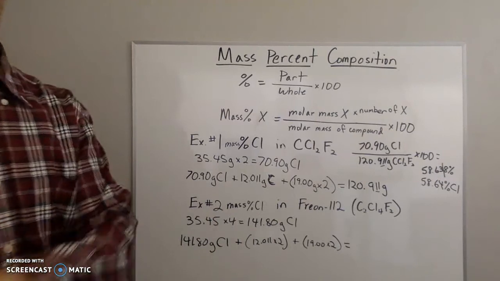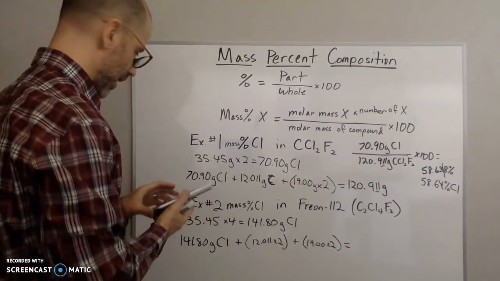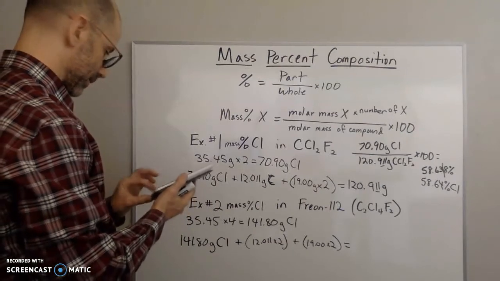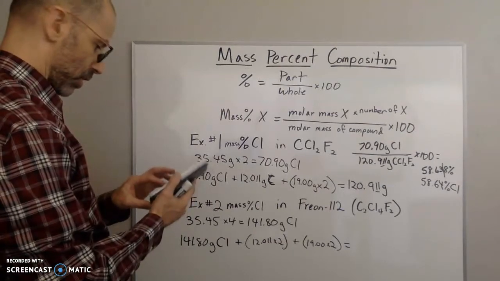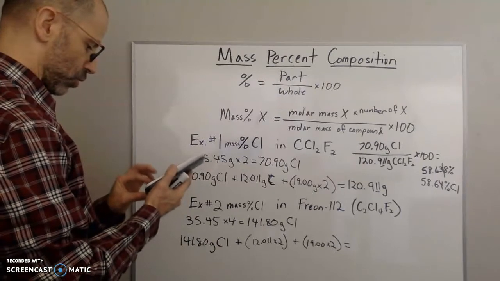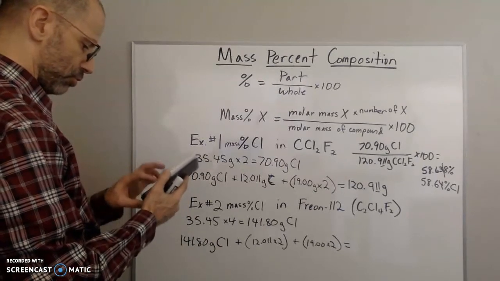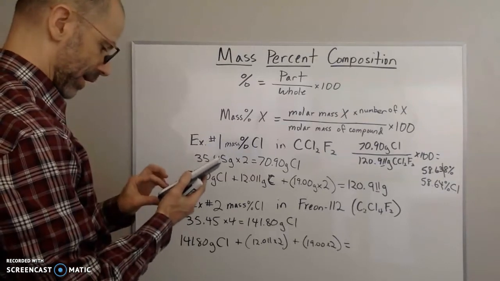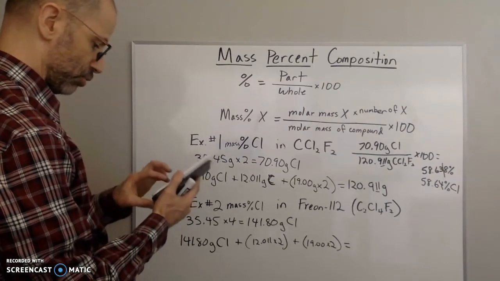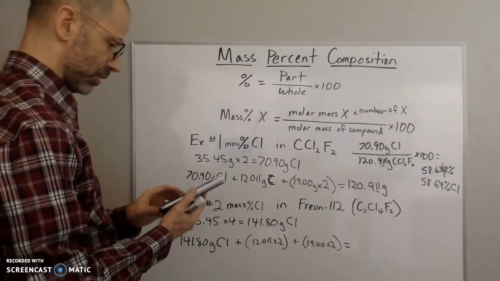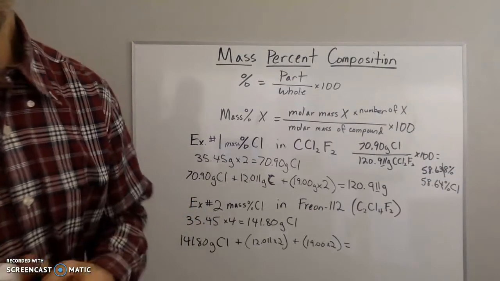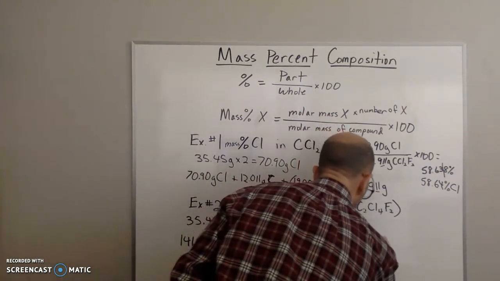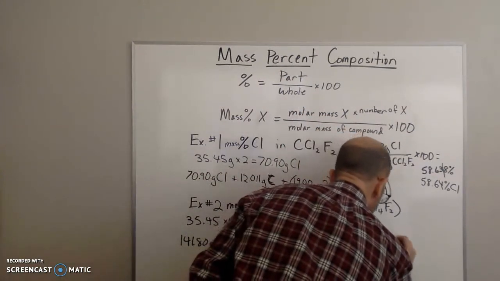And so now I just need to calculate this: 141.80 plus 12.011 times 2 plus 19 times 2 equals, and this gives me 203.822.